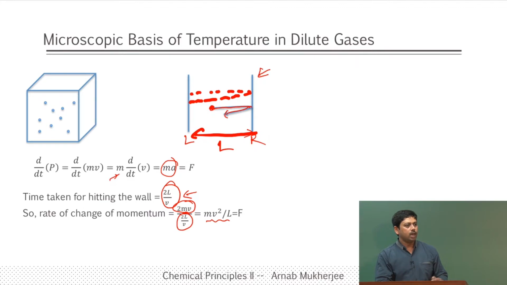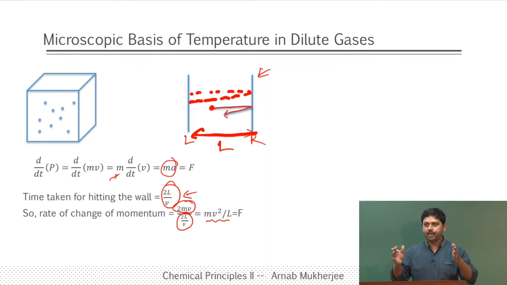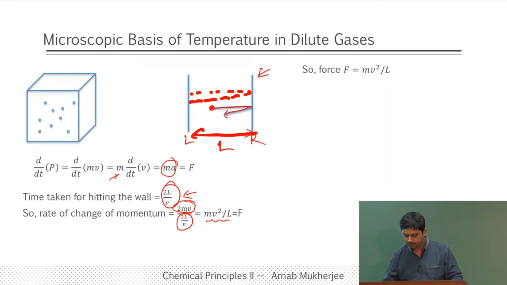So now we know how much force is acting on one side of the wall. However, remember that in a cubic box there are 6 sides, so the force we have calculated is for one direction. On average, only 1/3 of the molecules will hit one side of the wall, because there are 3 different directions.